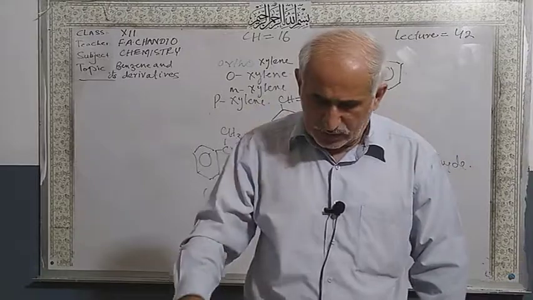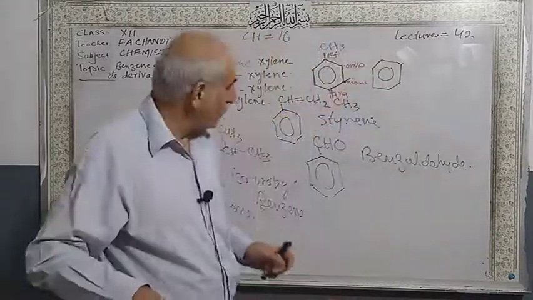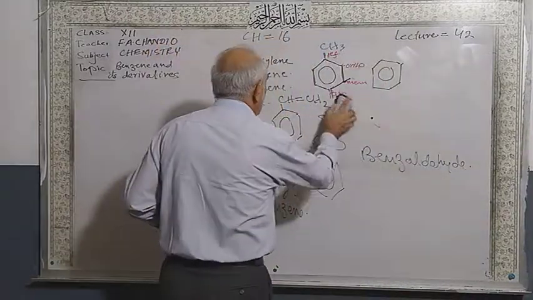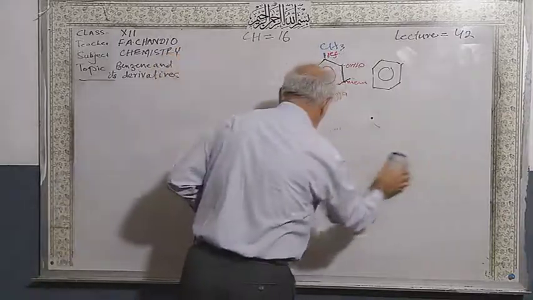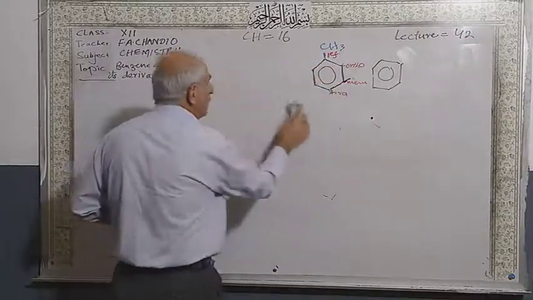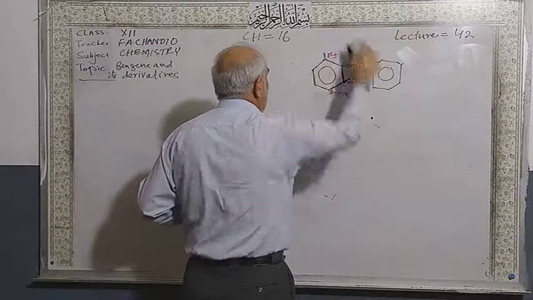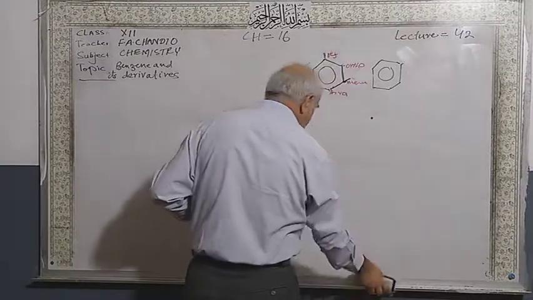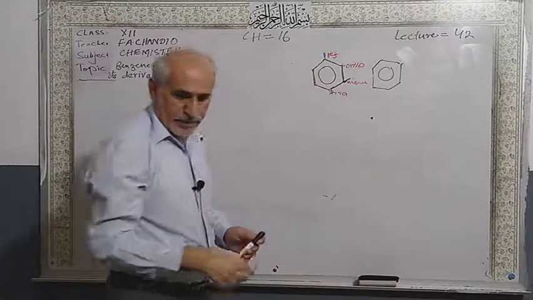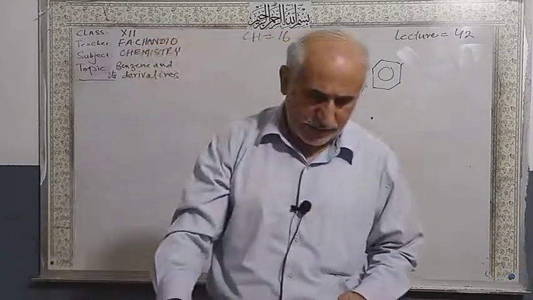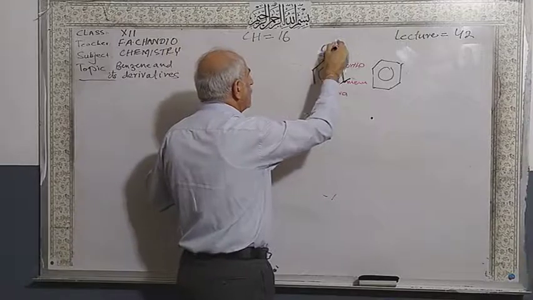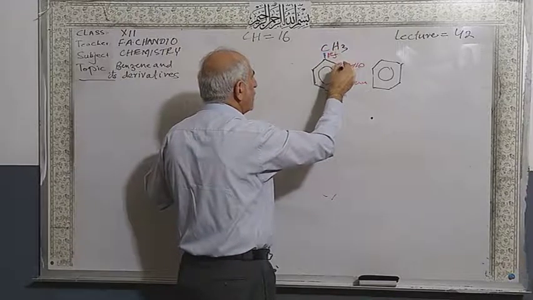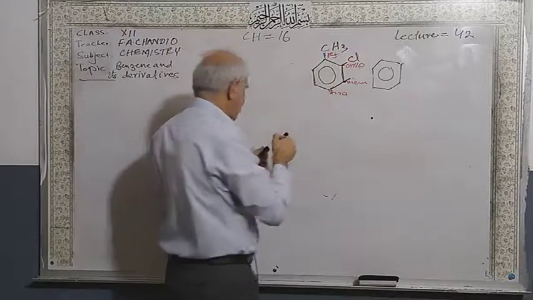If different groups are attached here, suppose in your book it is written: here is the same CH3 and this ortho group is chlorine.